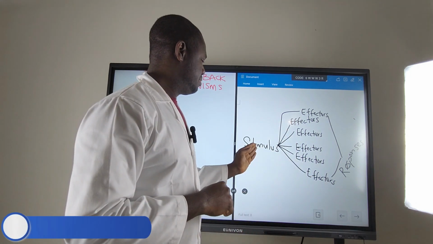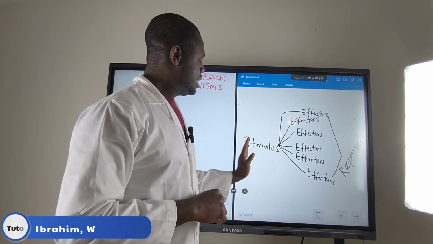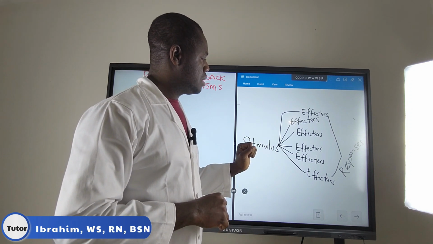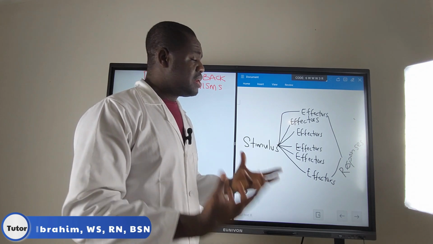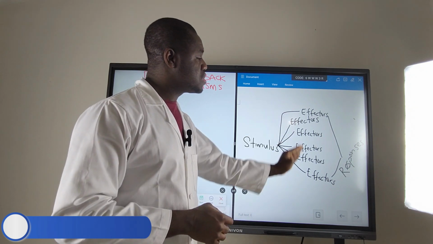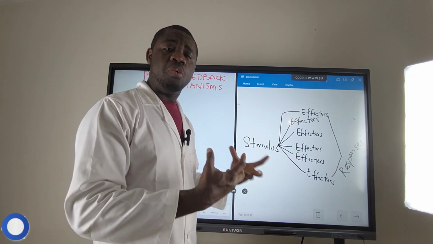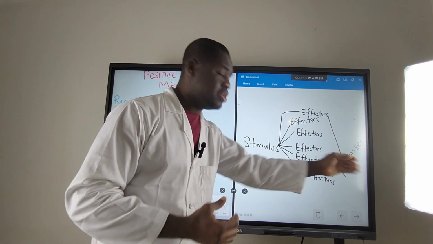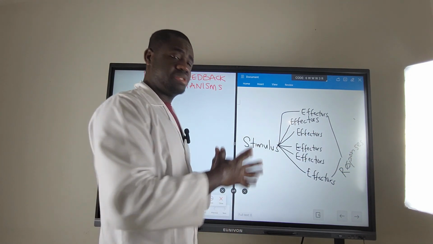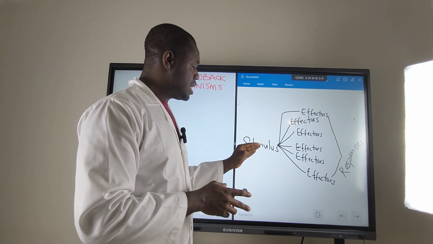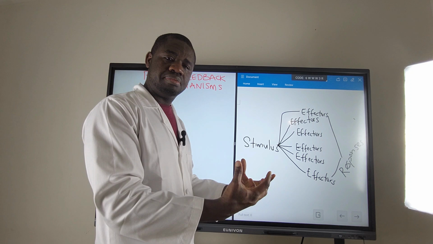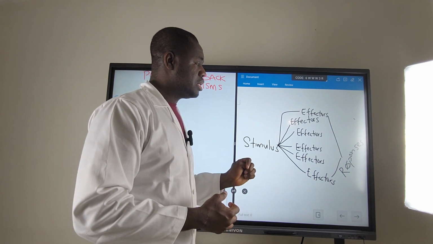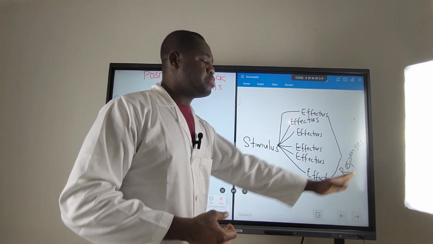Look at the board. You can see this is a stimulus, and we have more effectors. And don't forget that the effectors are the ones responding to the stimulus. The stimulus is an action, a challenge, and the body responds.